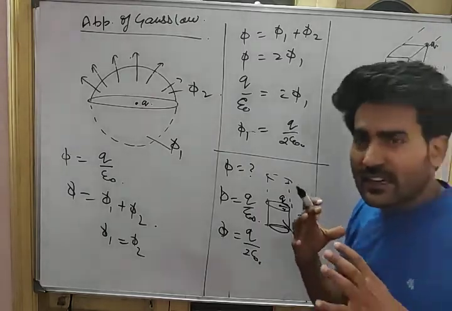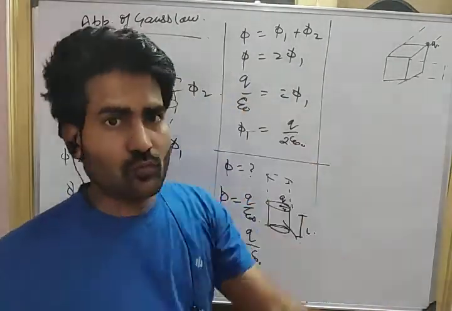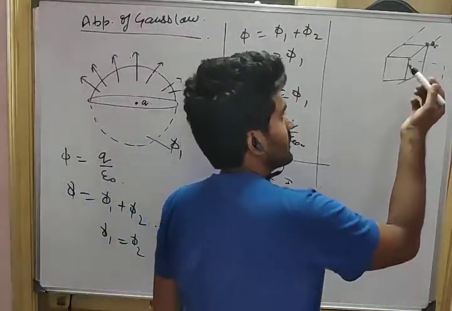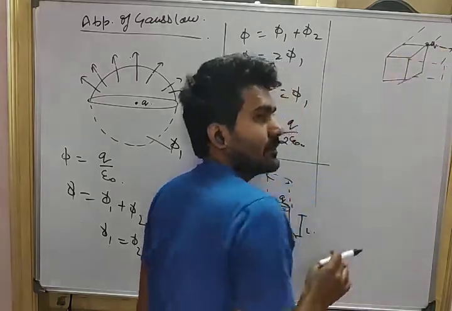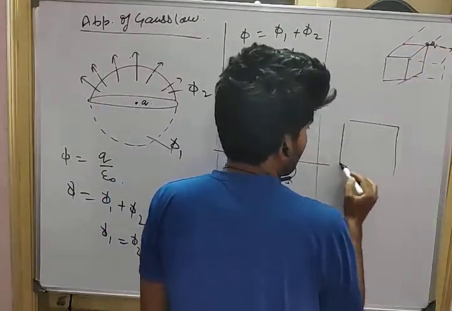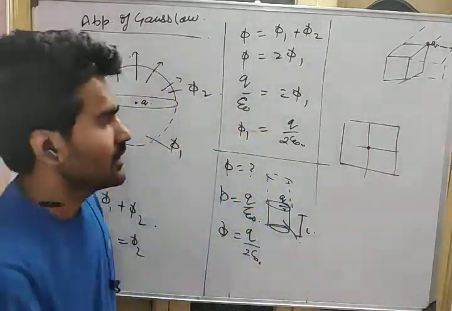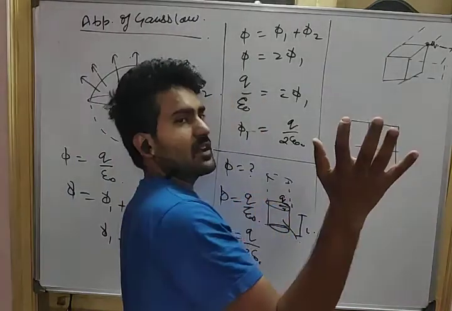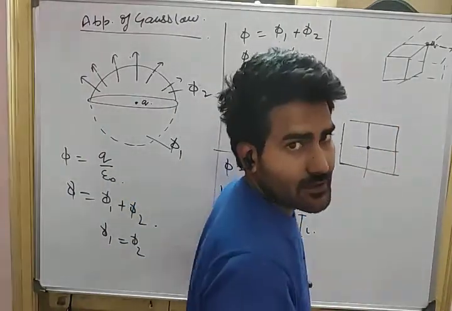If you think, you will find that we have to make 8 cubes to put the charge at the center, right? How many cubes? 8. If I make a top view, we see the charge is kept here, so 2 are down. If we make 2 more here, it will be totally 8.